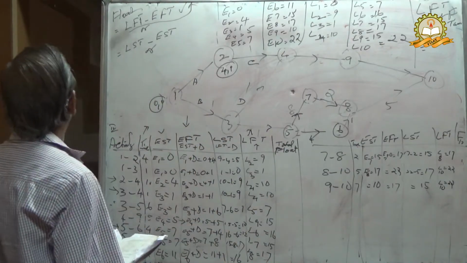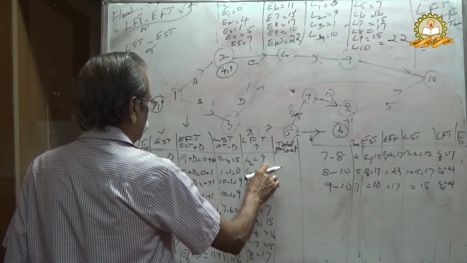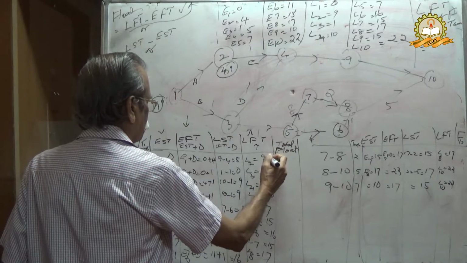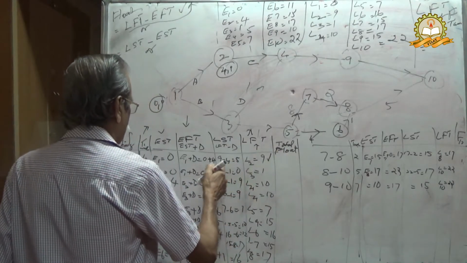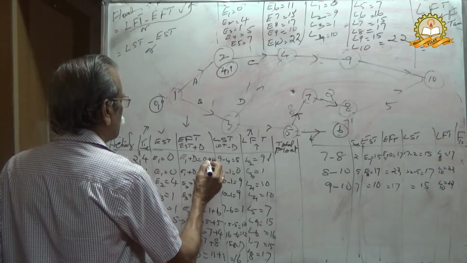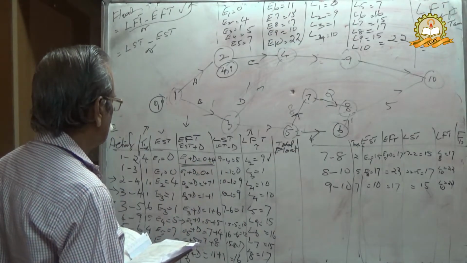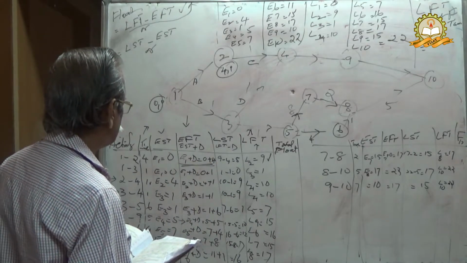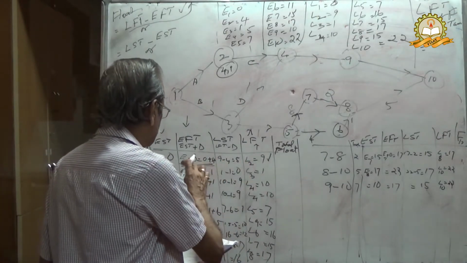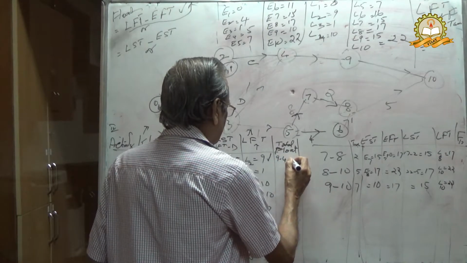See, LFT of the first activity is 9. Therefore 9 minus EFT. EFT is 4. LFT minus EFT, 9 minus 4.